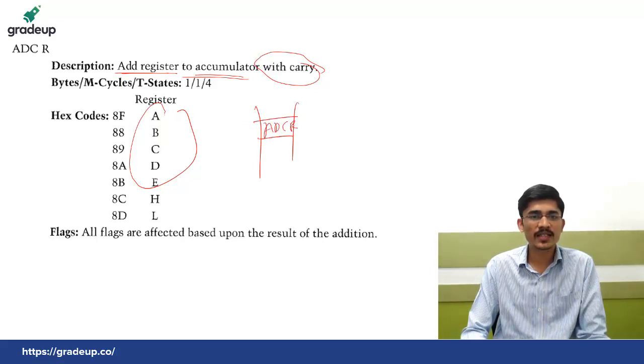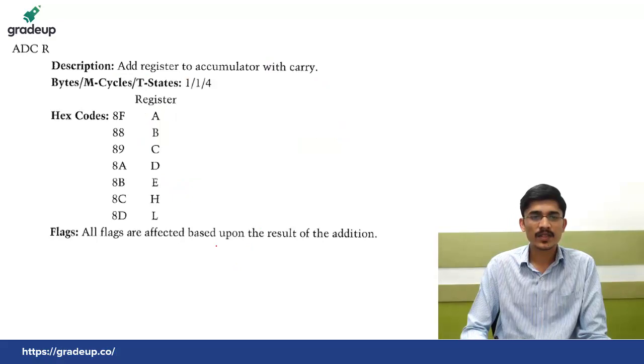Suppose we are adding the contents of the D register; the opcode hex code will be 8A. Whenever the microprocessor reaches here, it understands that it has to add the contents of the D register to the accumulator along with the carry.